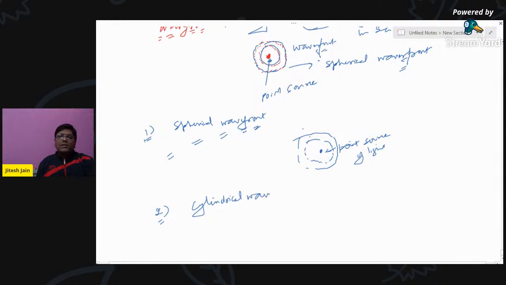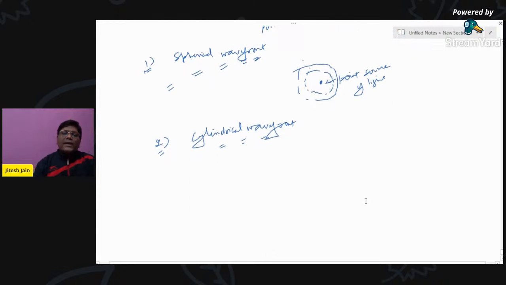Cylindrical wavefront. So what is a cylindrical wavefront, dear students? When the source of light is linear, that means the source of light will be linear. Let's say this is a linear source of light. Then what is going to happen?